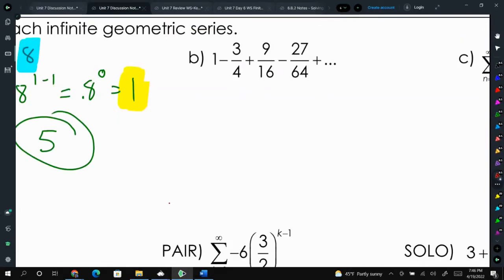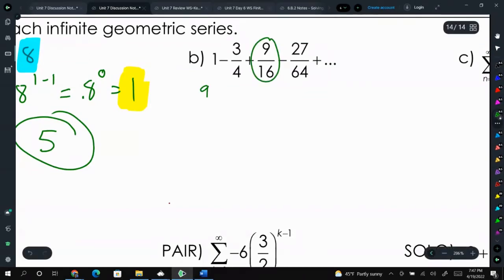All right, now in this one, notice that the signs are alternating. We have 1, then negative 3 over 4, then positive 9 over 16, then negative 27 over 64. That is a clue that the R value is negative, because that's the thing we're multiplying each time. To figure out the R value, remember you can divide two adjacent terms.